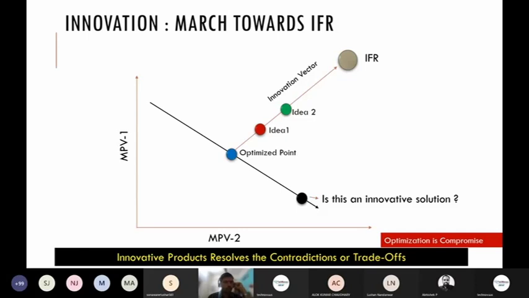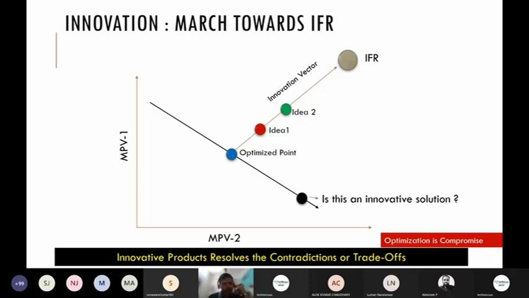In general, you always have an MPV1 and MPV2, and there is an IFR. Let's see, here is your baseline point, an optimized point. Let me put the entire picture.